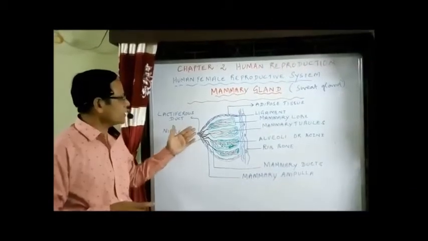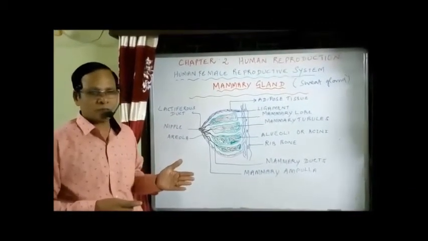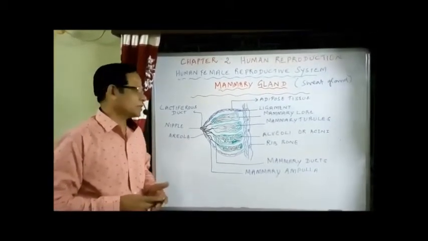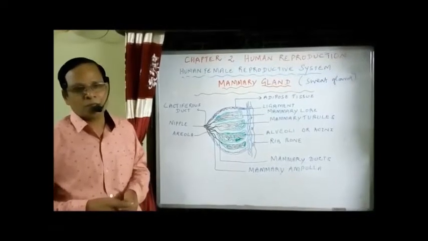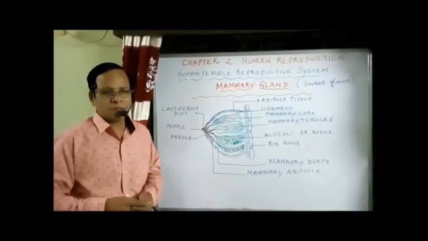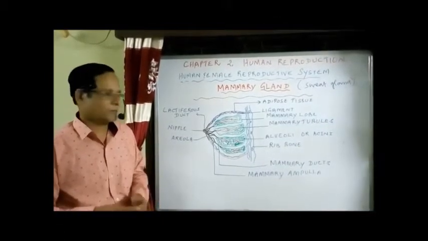Now we have a pair of mammary glands or breasts found in the thoracic region, lying anteriorly. The gland is formed of two types of tissues internally.